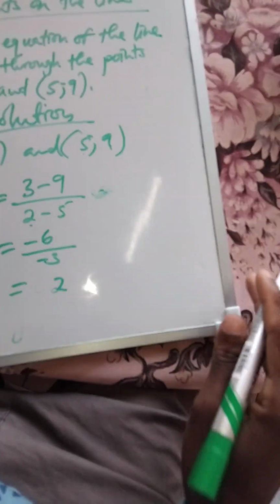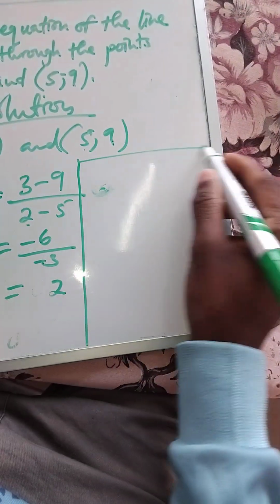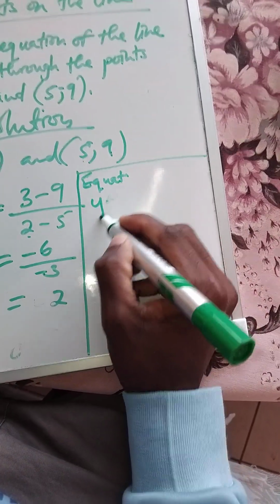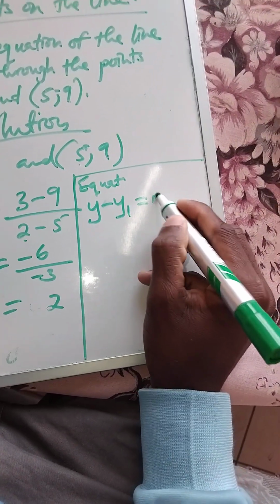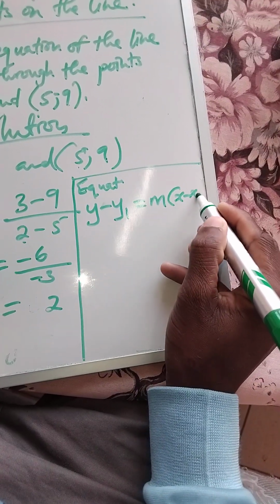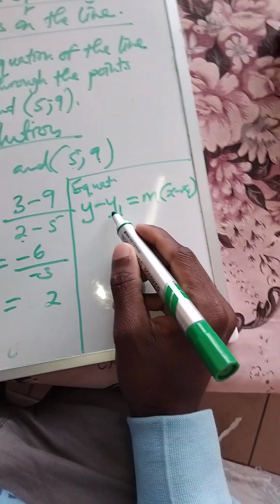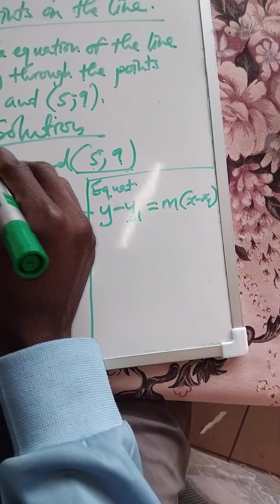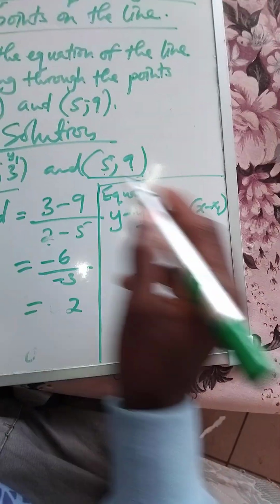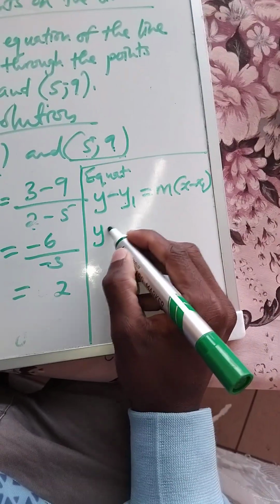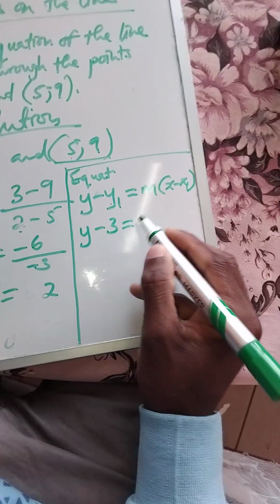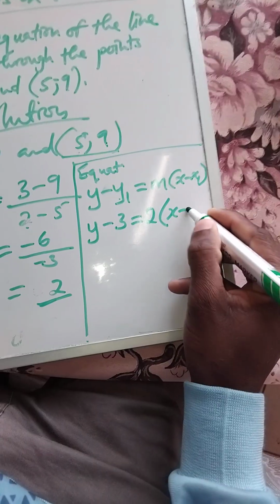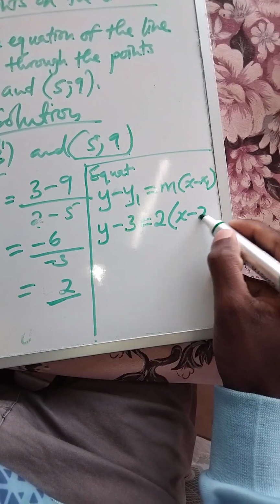So now we want to find the equation, using y minus y1 is equal to m times x minus x1. For x1, y1 you can try any coordinate, this one or you choose. Taking this one, y minus y1, which is 3, is equal to the gradient m, which is 2, times x minus x1, which is 2.